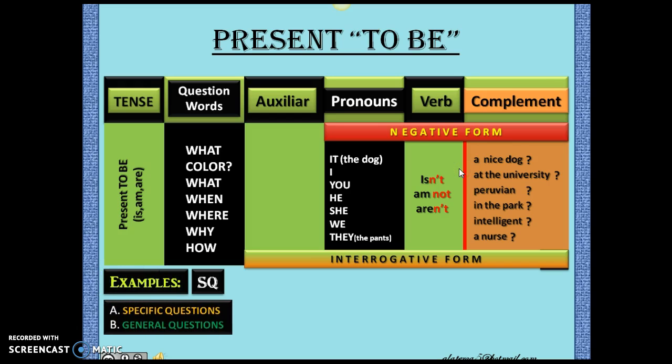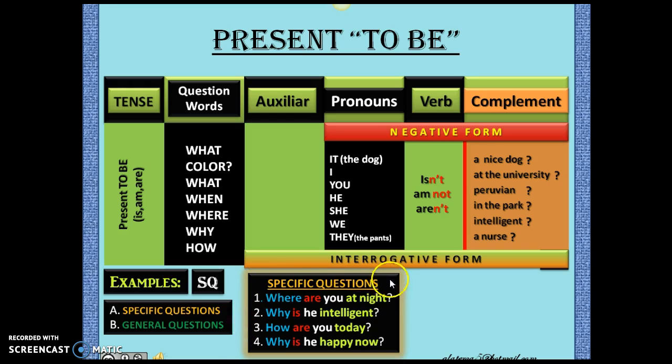Let's see some examples. I mentioned specific questions and general questions. These are specific questions. You see, we start by the question word, okay? Then the auxiliary, then the pronoun, and finally the complement, okay?